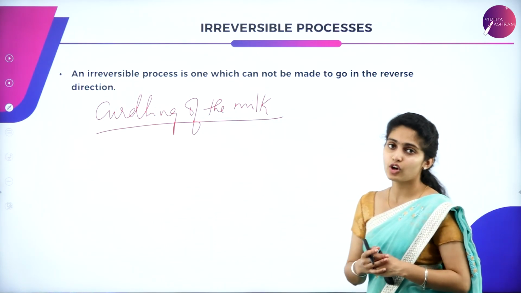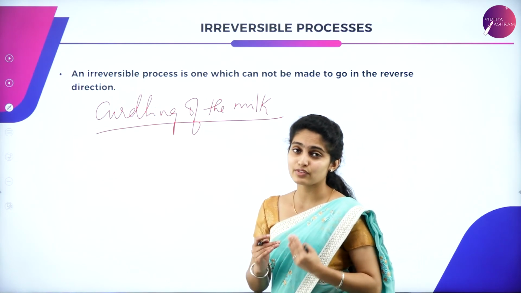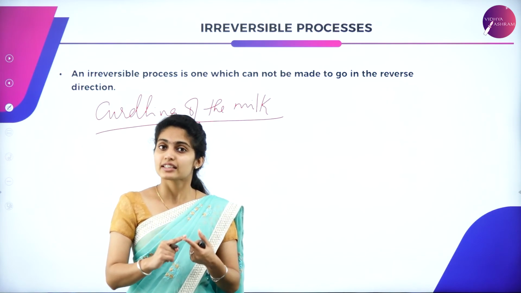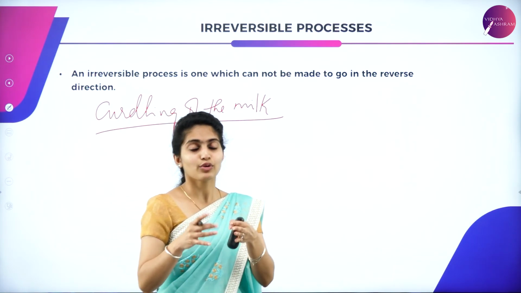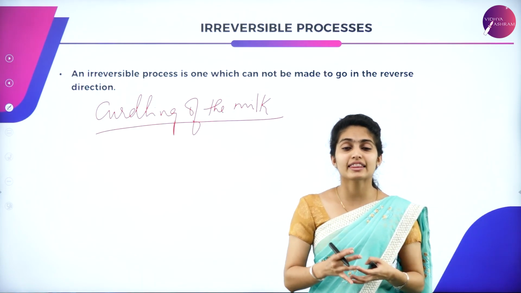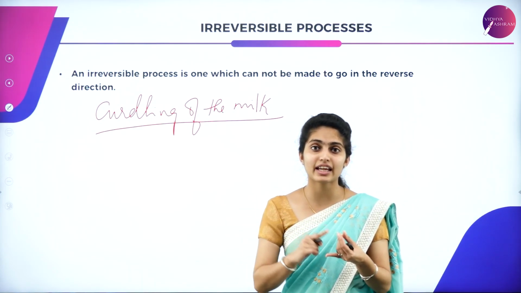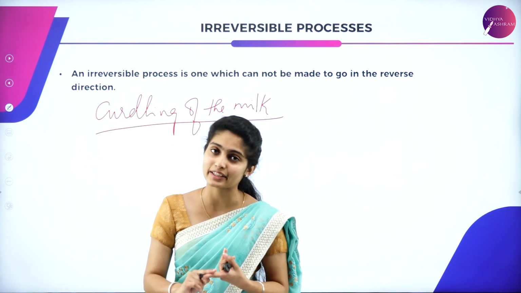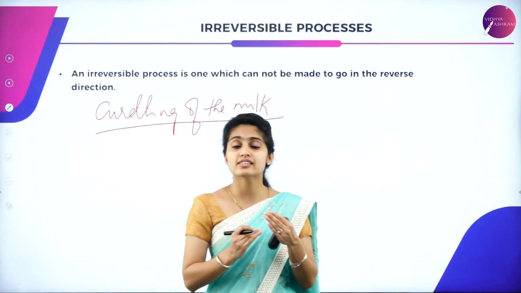So these are the concepts. In today's class, we have studied the first law of thermodynamics and its applications with specific heat capacities Cp and Cv, and then the adiabatic, isothermal, isochoric and isobaric processes. Let us brush up.